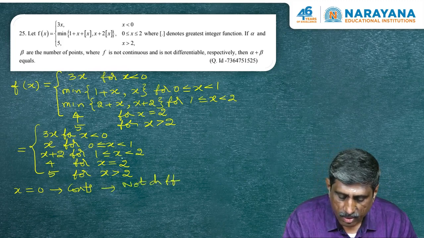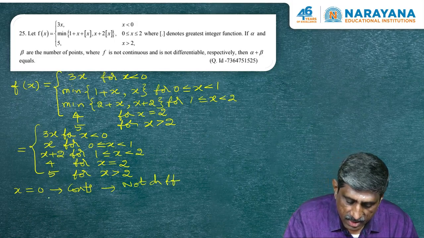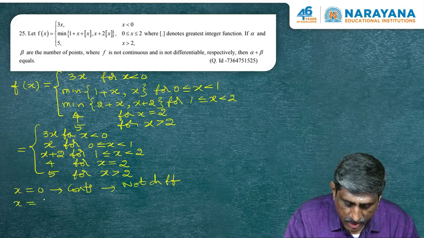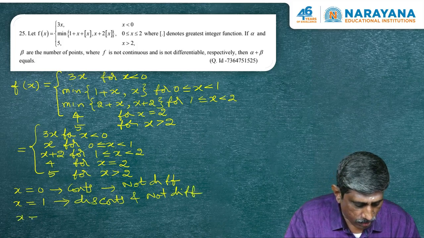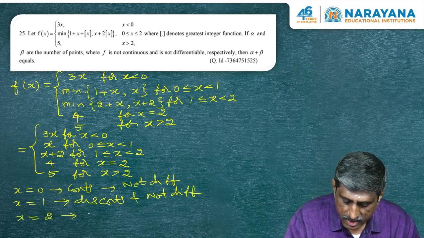At x is equal to 1, the function is discontinuous. Because it is discontinuous, automatically not differentiable. Similarly, at x is equal to 2, the same case, the function is discontinuous and not differentiable.